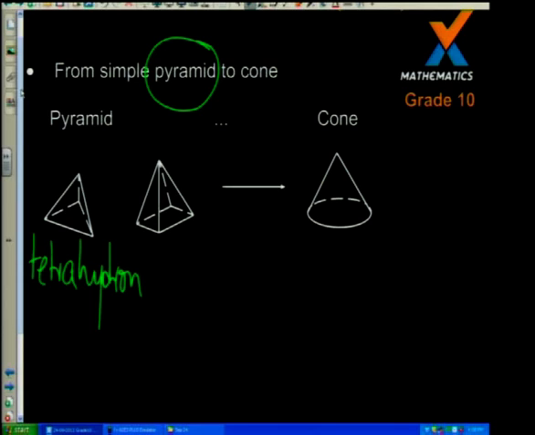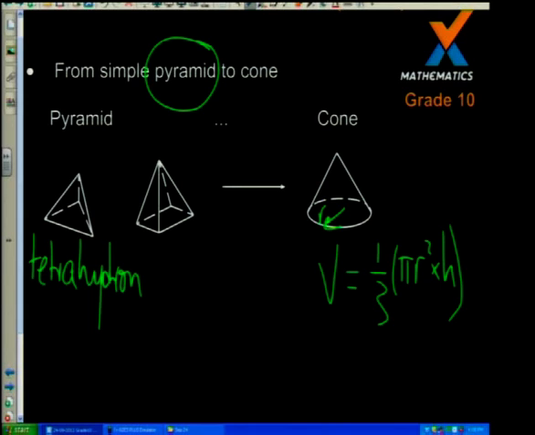And as you move on, if you wanted the volume of that, maybe I should take it from the cone, because from the cone, we know that the volume is going to be a third of the base area, which is pi r squared, times the height.